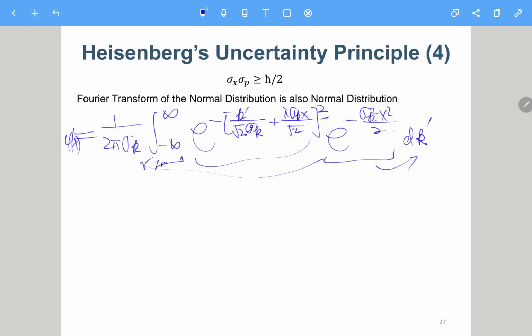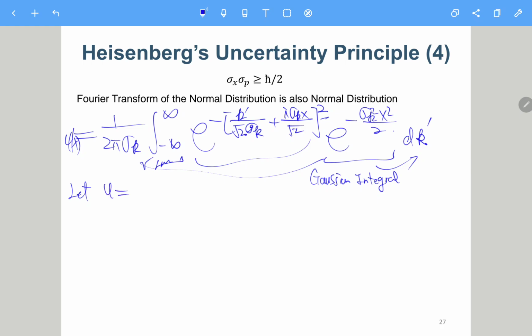So to finish this so-called Gaussian integral, we still have some path to go. And of course we need to use a u substitution first to make things look easier.